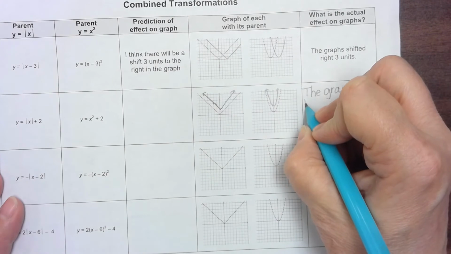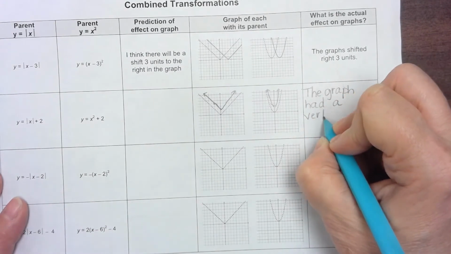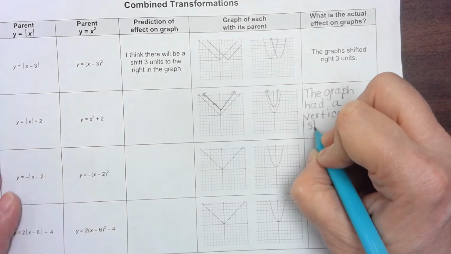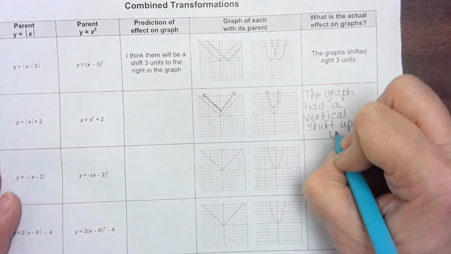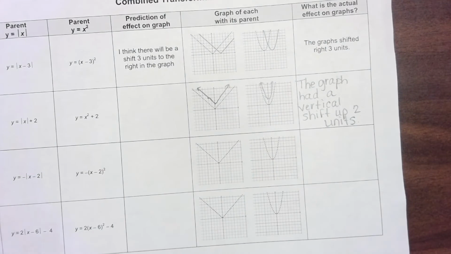The graph had a vertical translation, or a vertical shift, up 2 units, and it did it for both of these graphs. So give me a second and I'll get a calculator and we'll look at these graphs real quick.